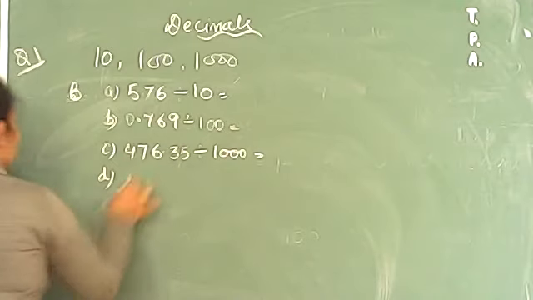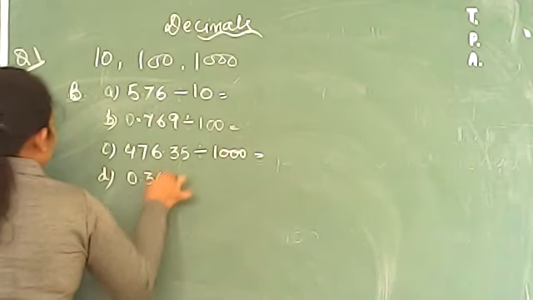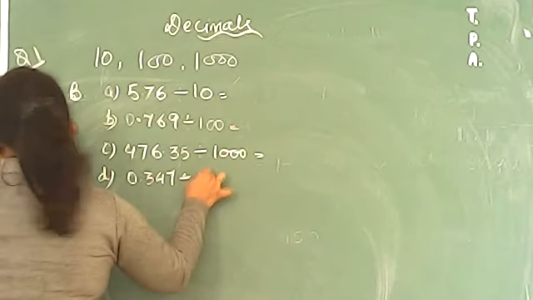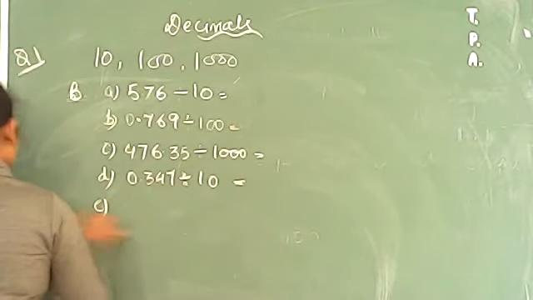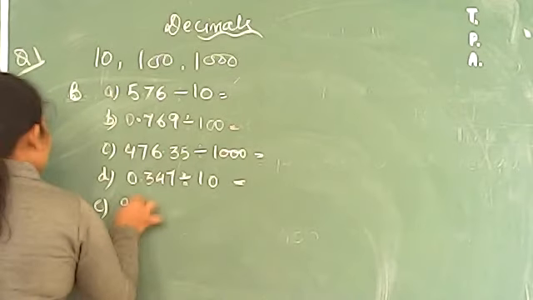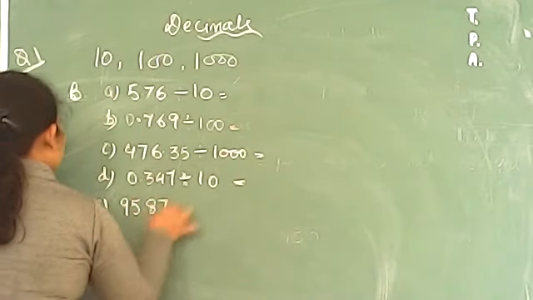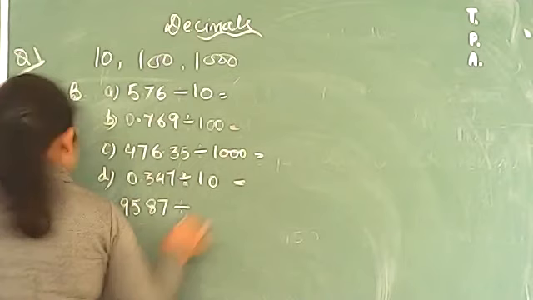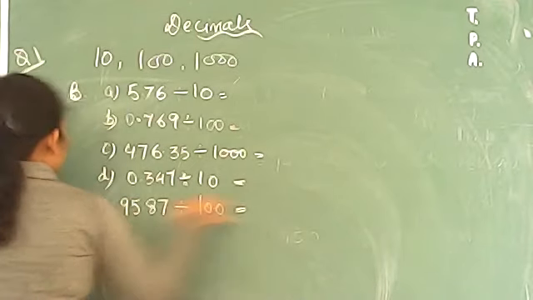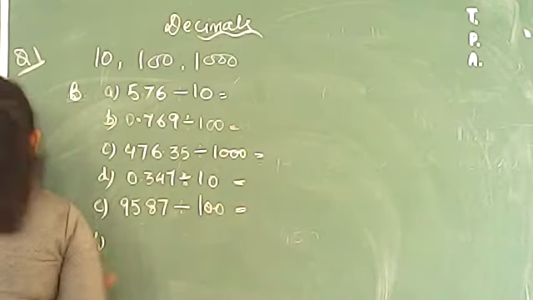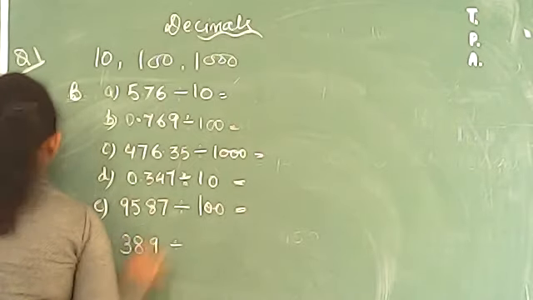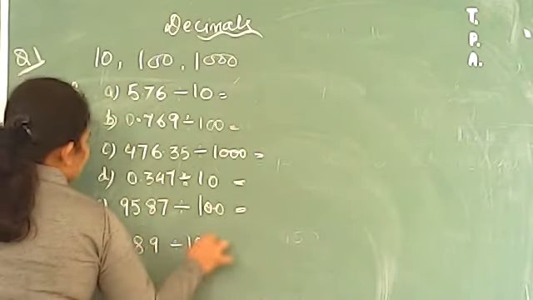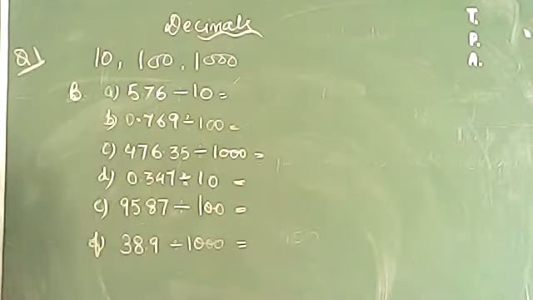Question number D, 0.347 divided by 10. Question number E, 95.87 divided by 100. And the last one is 38.9 divided by 1000. Let's understand one by one.